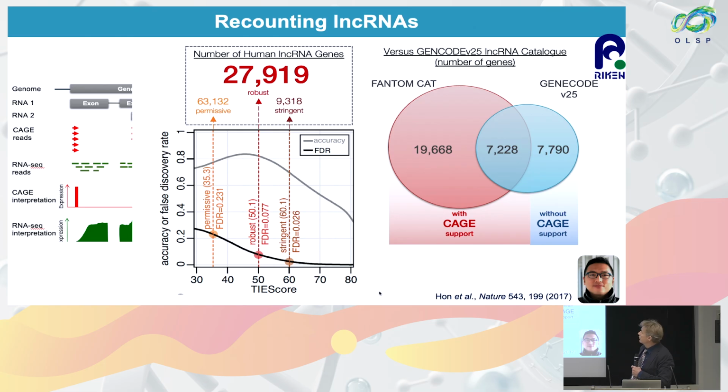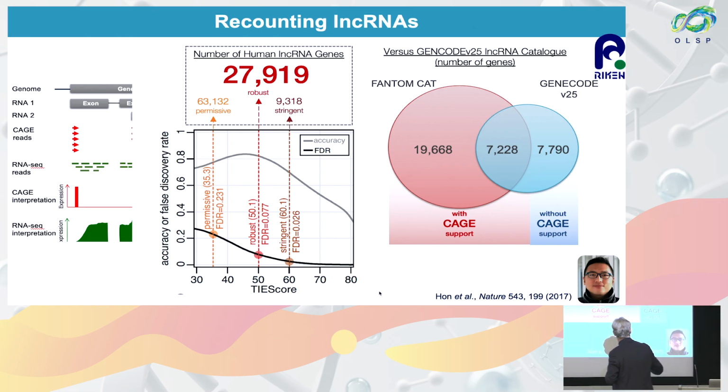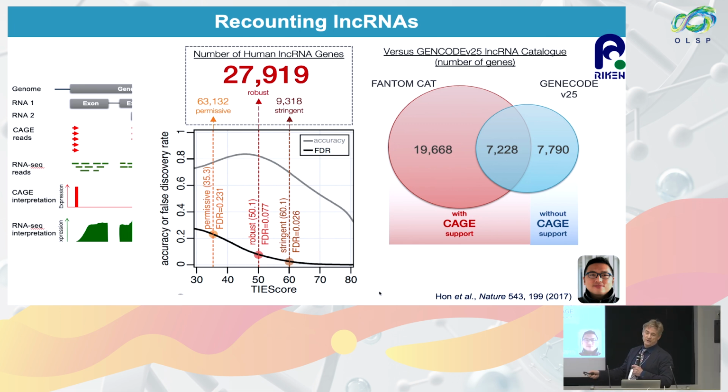We are not done with the non-coding RNAs. We continue. This is more recent, in 2017, with Chung that has been reanalyzed and said that there are at least 28,000, maybe there could be even 63,000 of the non-coding RNAs. And comparing with GENCODE, we associate the promoter with a CAGE signal, so we call them FANTOM CAGE associated transcripts.